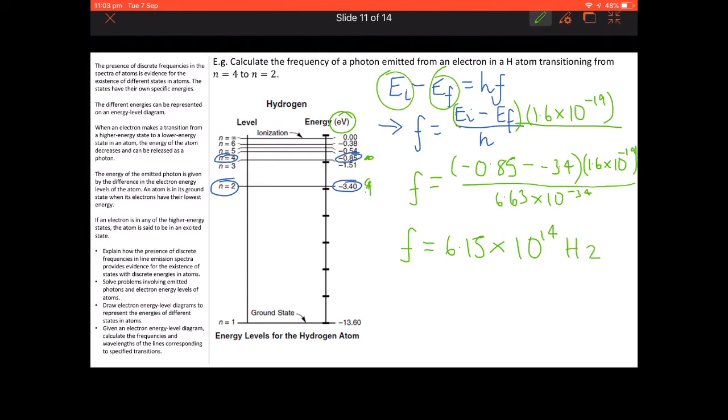Sorry if you can hear some weird sounds, just hanging out with the dog. So yeah, your frequency for the emitted photon is going to be 6.15 by 10 to the 14 hertz. So that's if an electron in hydrogen is transitioning from n=4 to n=2.